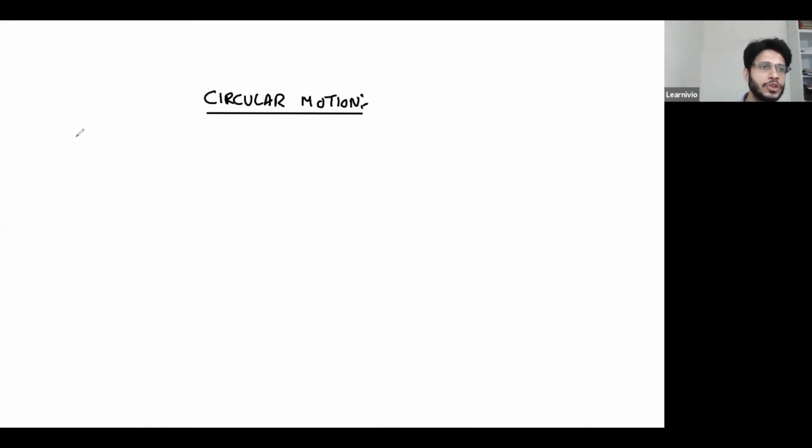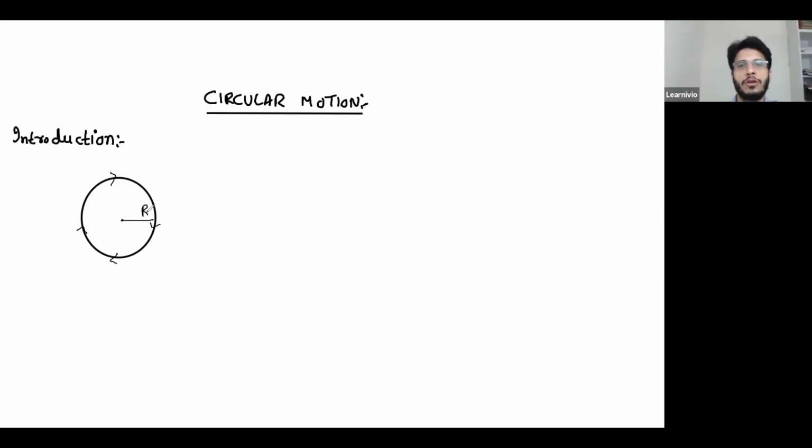Circular motion starts with the introduction of circular motion. Let's say you have a body. This body is moving on a circular track. It's revolving on this circular track.